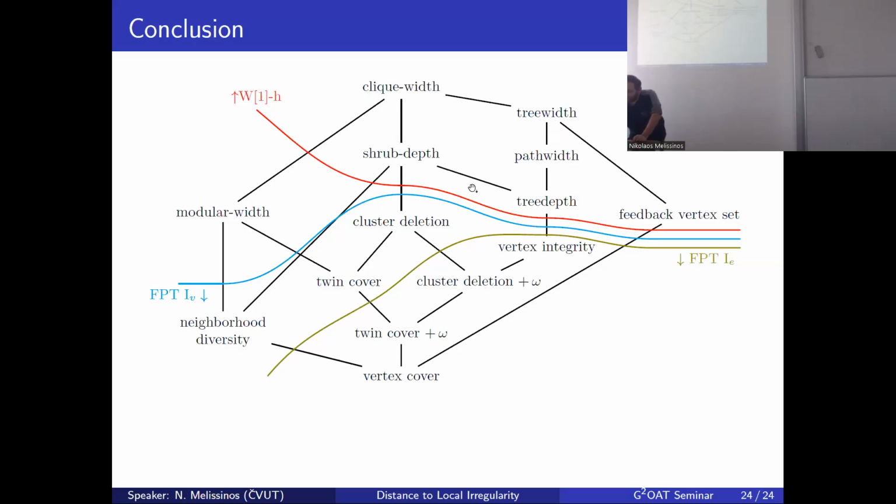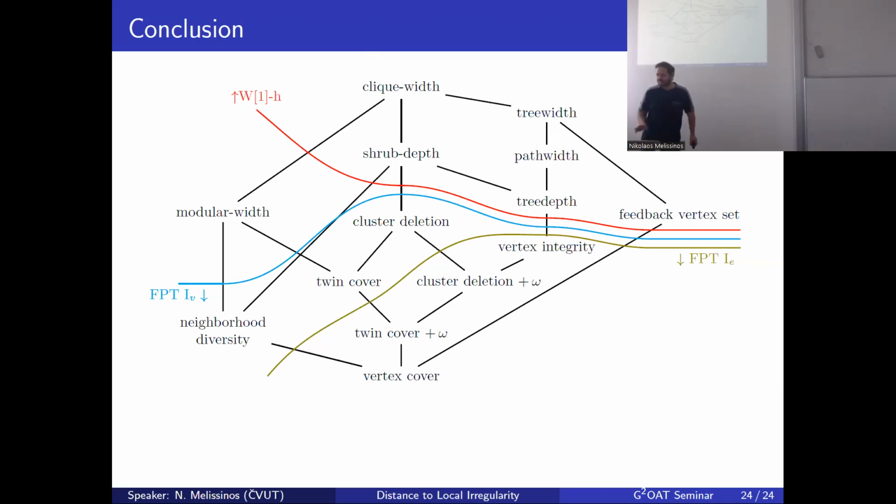So the problem is hard for those instances. Then we have this blue line that indicates that the vertex-irregulator is FPT for those parameters, and the olive line that indicates that for those parameters, edge-irregulator is FPT.